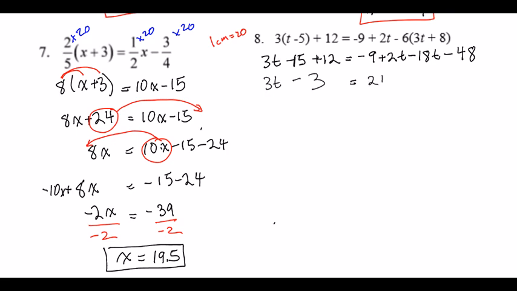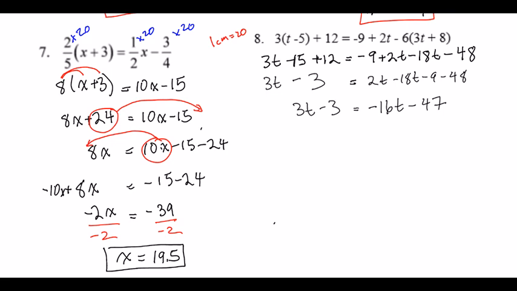So I get 2t minus 18t minus 9 minus 48. Collecting like terms right away, we end up with 2t minus 18t, which is minus 16t, and minus 9 minus 48 is minus 47. And we still have 3t minus 3 on the right side.